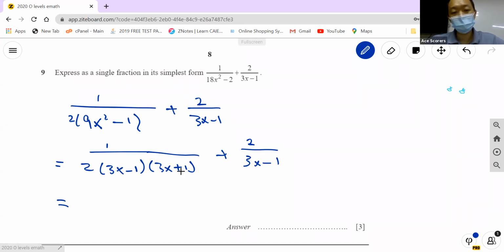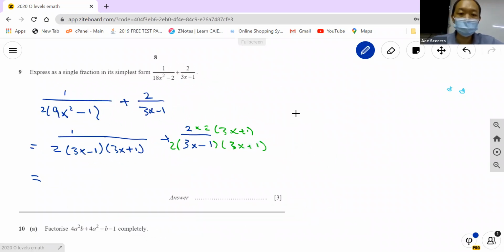Now here you need to add a 3x plus 1 and a 2 to this fella here. To combine it, you must multiply 3x plus 1 and then another 2. So times 2, 3x plus 1, and running out of space already. Continue here on top.